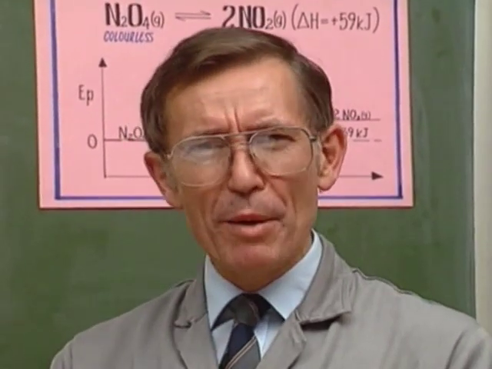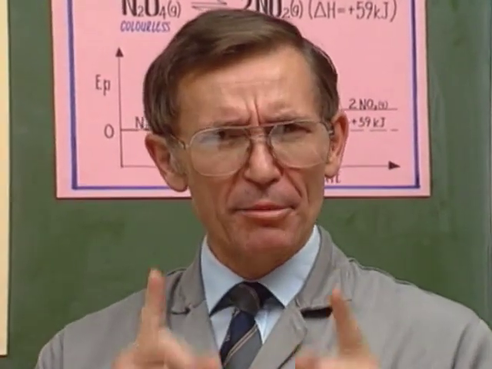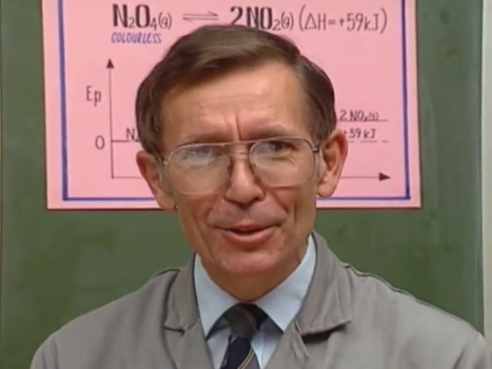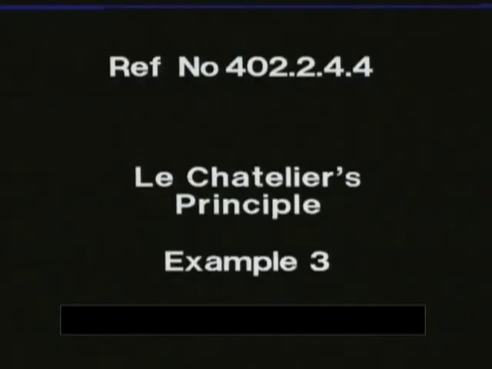What happens in the case where we place the flask in cold water? For a complete explanation in terms of Le Chatelier's principle, refer to reference number 402.4.3 in your workbook.